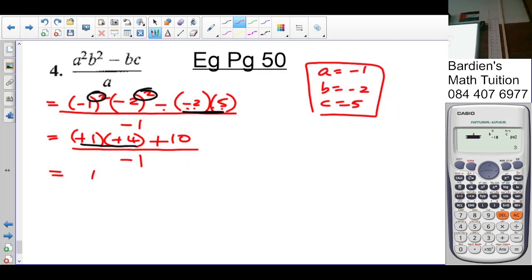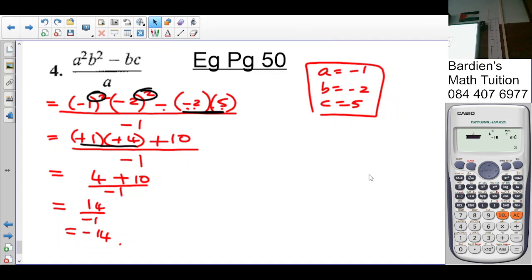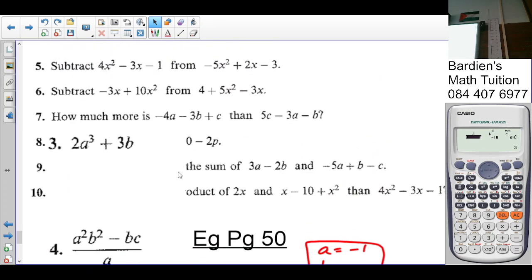Positive 4 plus 10 over negative 1. What's 4 plus 10? 14 over negative 1, which is negative 14. Okay. Any confusion there? No.